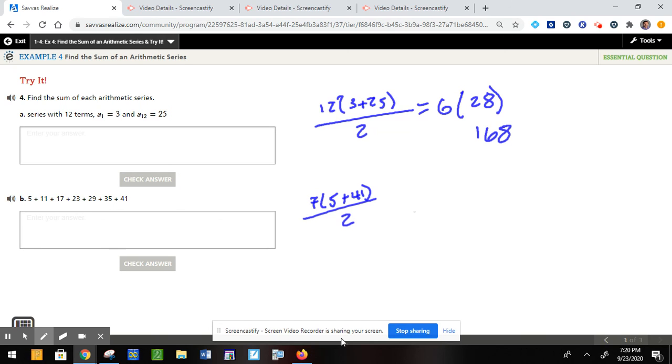We're going to divide it all by 2. 5 plus 41 is 46. I would actually divide, if I'm doing this by hand, 46 divided by 2 is 23, so you got 7 times 23. 7 times 20 would be 140, plus 21 would be 161. All right, let's make sure.